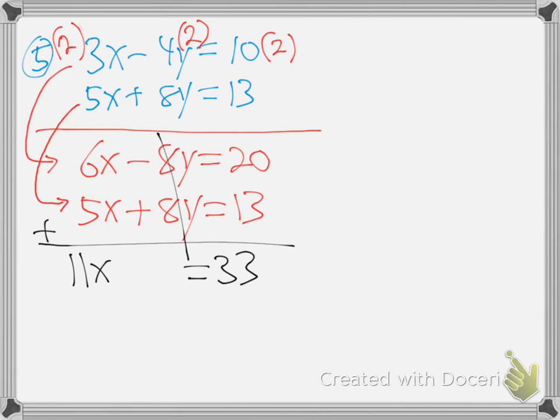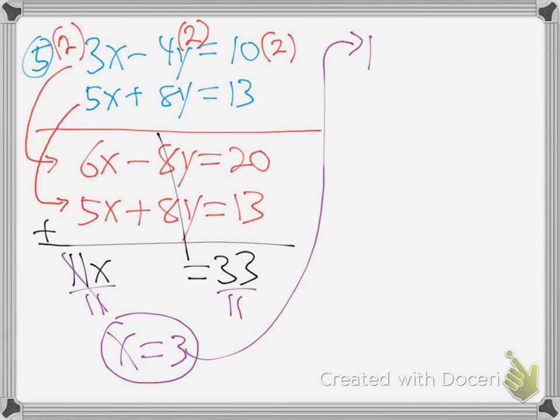And then we get x alone. Divide by 11. x is 3. So now we got x. Whenever we get x, we go back to plug it in. So we take that x of 3, bring it up here, and plug in x is 3.